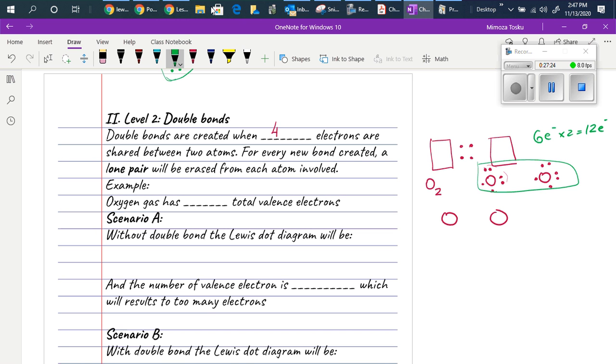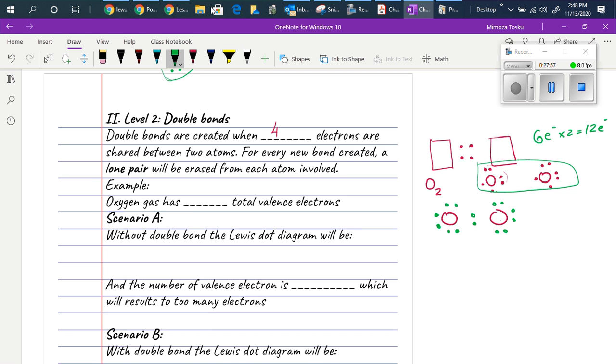So let's complete the outer shell of those atoms with 8 electrons each: 1, 2, 3, 4, 5, 6, 7, 8, 9, 10, 11, 12, 13, 14.